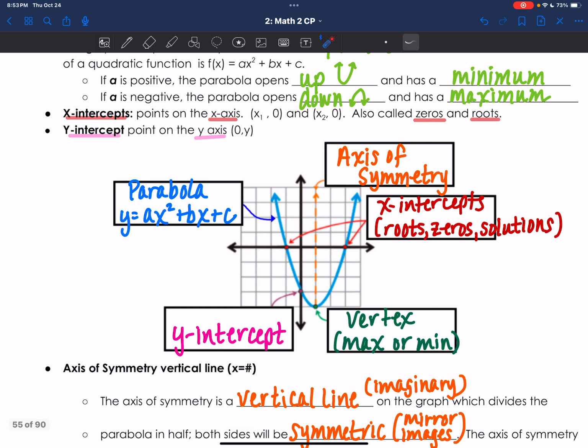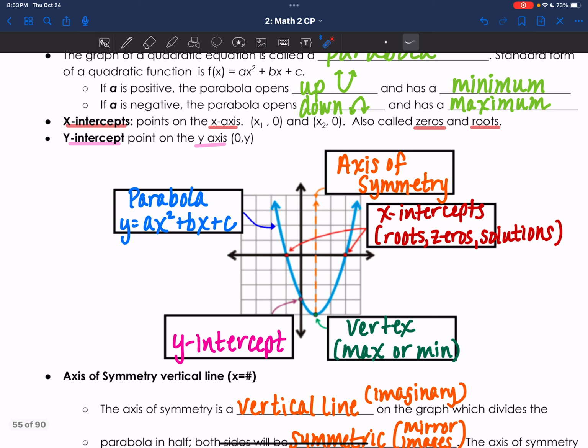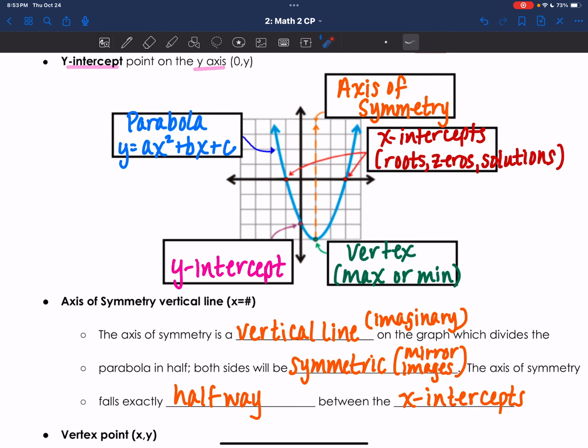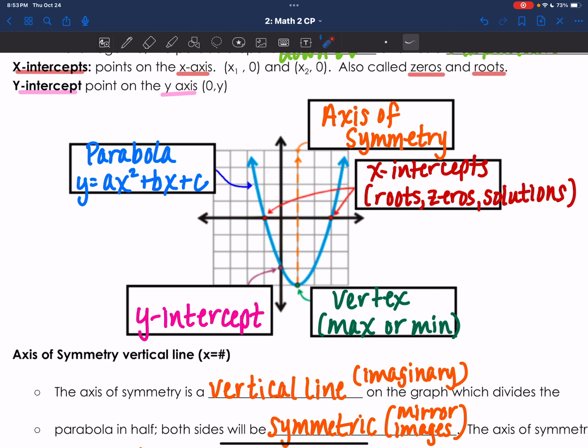X-intercepts are points on the x-axis. So the y is 0, you're looking for x, and the y is 0. They're also called zeros, roots, solutions. These are all different ways to say x-intercepts. And then a y-intercept is a point on the y-axis. If you look here, I color-coded all this stuff. The x-intercepts are right here and right here.